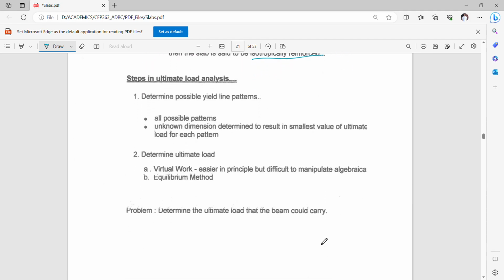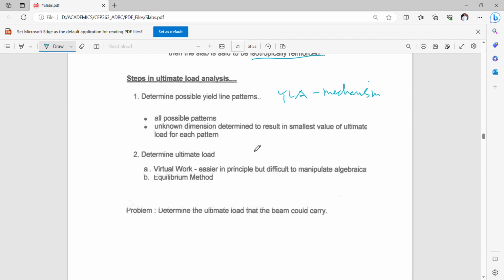So let's go down to the steps involved in the ultimate load analysis, using a possible mechanism pattern or yield line pattern. So this is the yield line analysis or the mechanism method. First, we determine the possible yield lines. So we can have 1, 2, 3, 4.